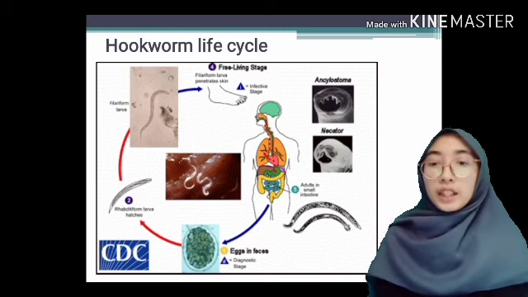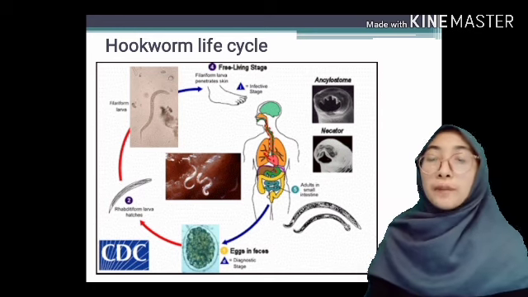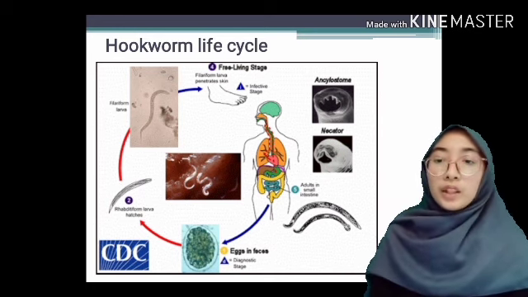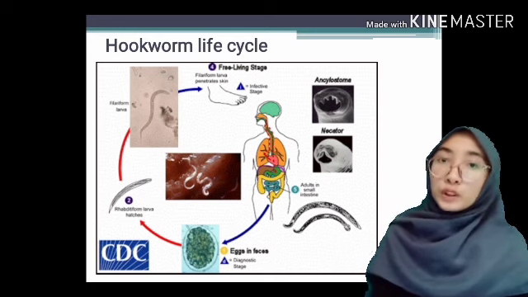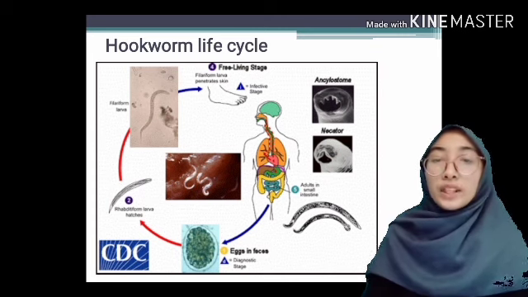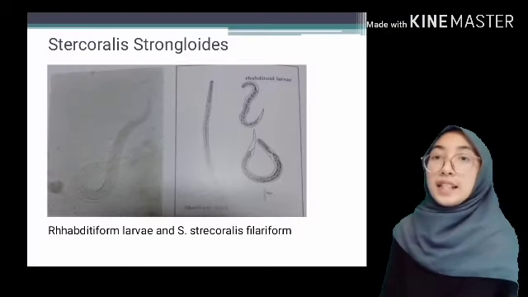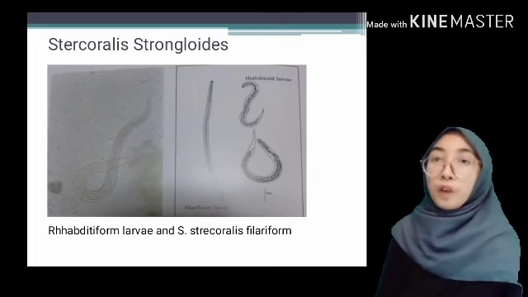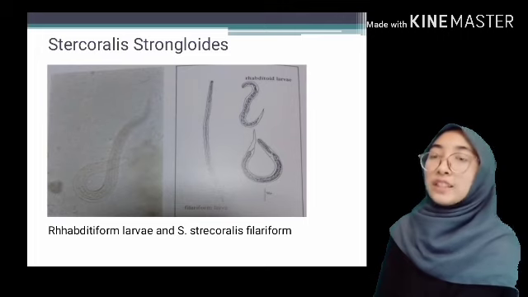After that, they change into infective larvae, namely filariform, which can penetrate the skin and can live for 7 or 8 weeks on the ground. And the last is a picture of rhabditiform and filariform larvae of Strongyloides stercoralis.